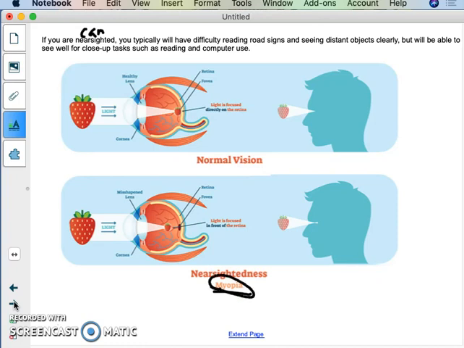The reason people are nearsighted is that their eyeball is elongated and the light is focusing in front of the retina, not on the retina like we said it had to be before. This doesn't affect how they see things up close, but they have difficulty reading road signs and distant objects. So that's myopia, or nearsightedness.